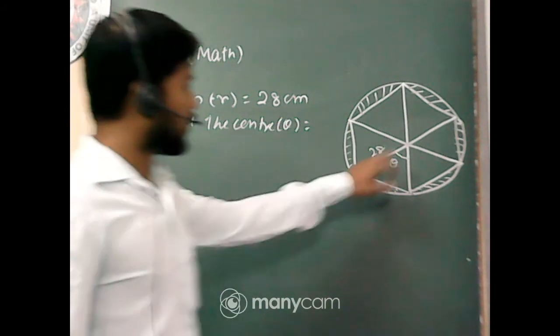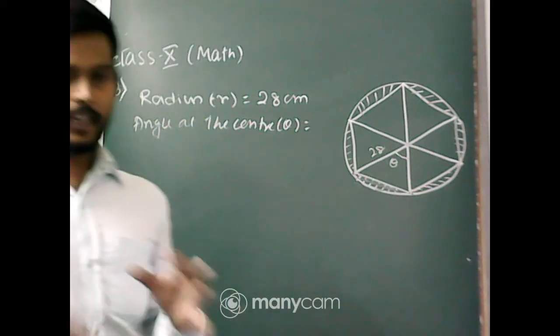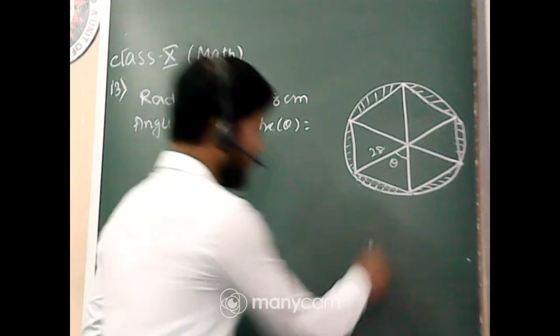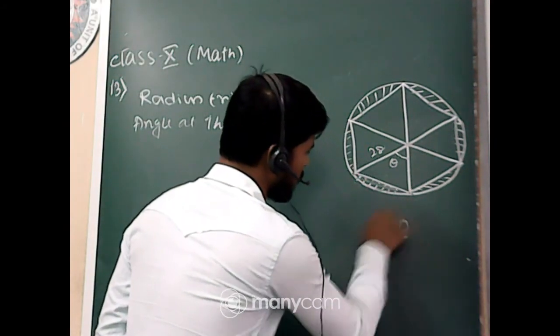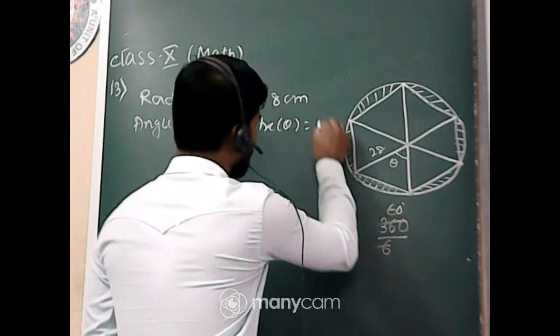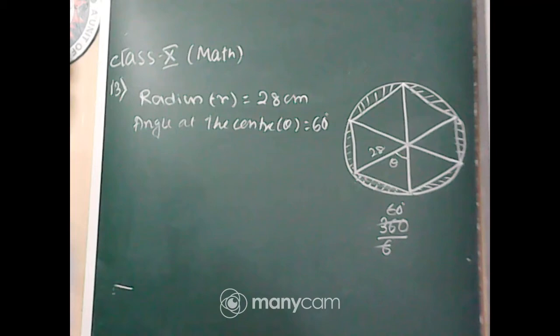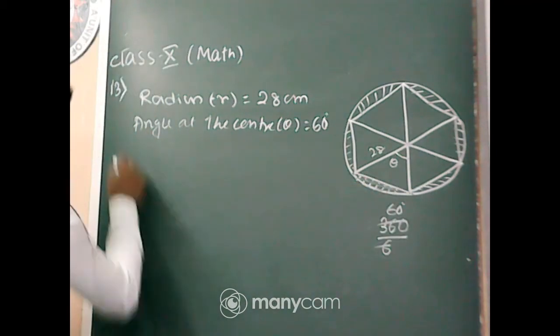Because there are 6 equal parts, and they cover the total angle, a 360 degree angle. So the measurement of one angle will be 360 by 6, that is equal to 60 degree. So the central angle is equal to 60 degree. Then find this segment.